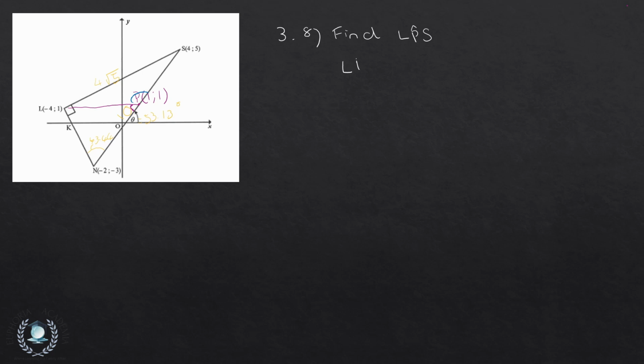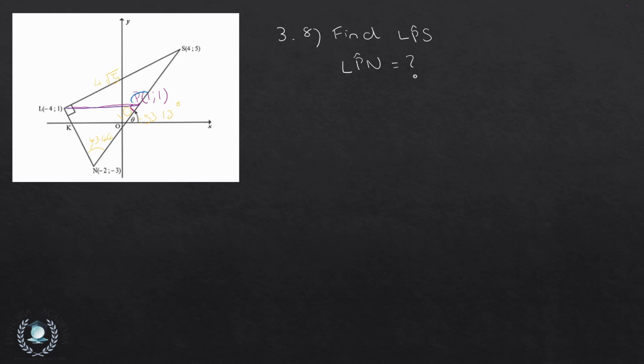So what is LPN? We're meant to find that. Well, I didn't draw a very straight line, but we can see that LPN runs from L all the way up until the point P of 1 and 1.